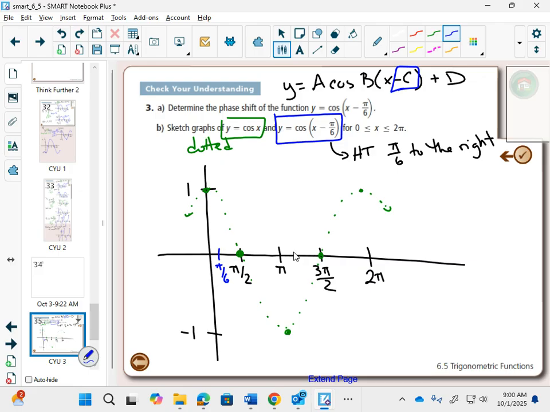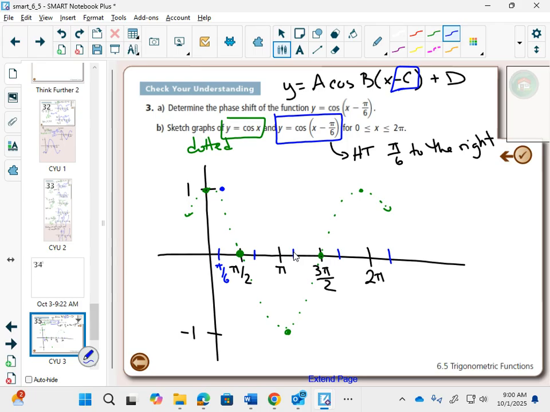I'm going to take each of these tick marks and just make a mark a third of the way over, like that. If I label the pi over 6 once, you don't have to label those other ones. Your scale makes that obvious. This is what makes it a bit of a shortcut. I can take this maximum point now, and if I shift it over that amount, it goes there.